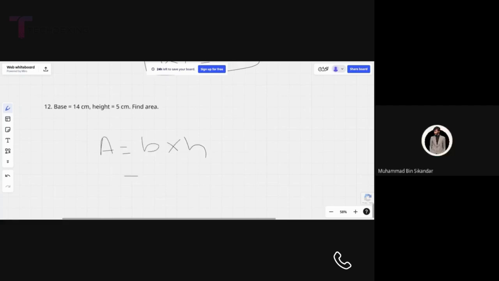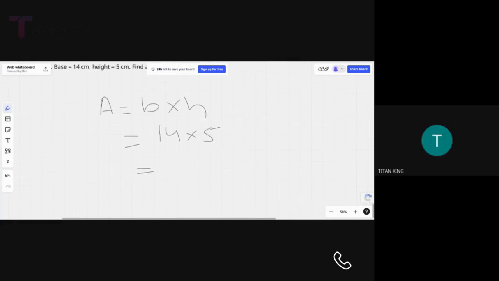That is straightforward. 14 multiplied by 5. Tell me the answer. 14 multiplied by 5 would be 70. Yes, that's good. Sorry, I couldn't hear you earlier.